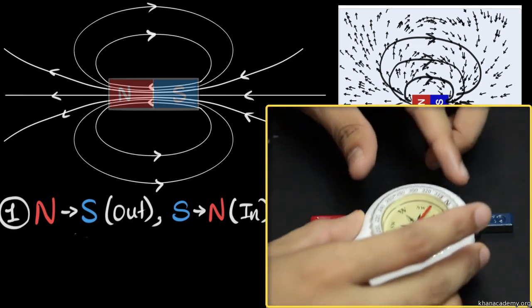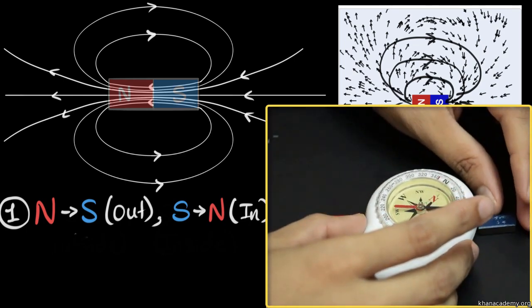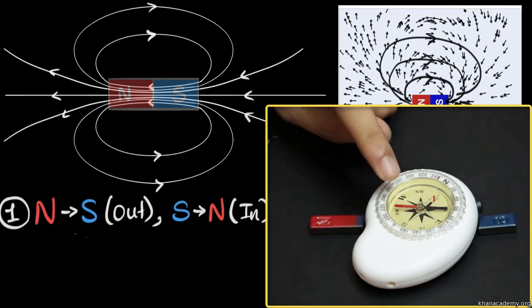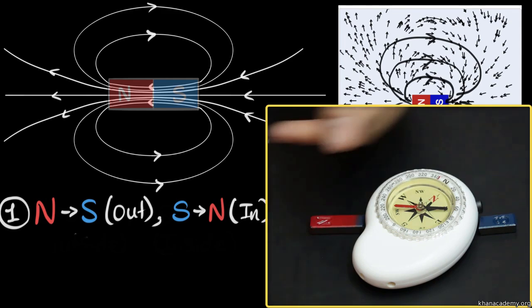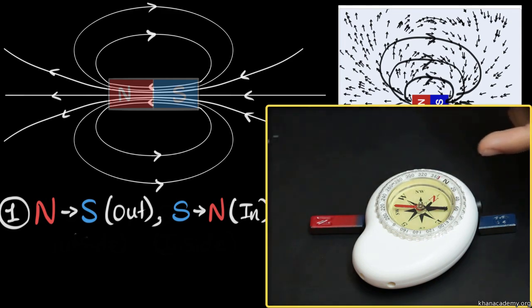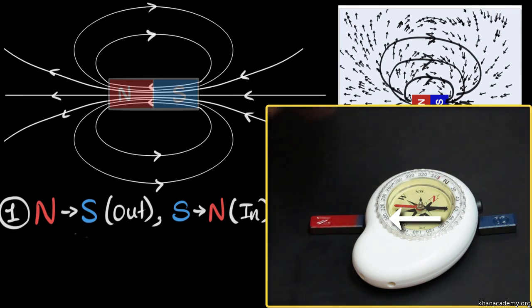But if you keep the compass in between, notice that the red needle, the North Pole, is pointing in this direction, meaning the magnetic field is from south to north inside the magnet. But why is that?